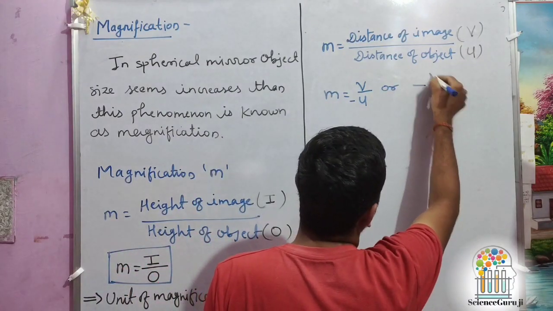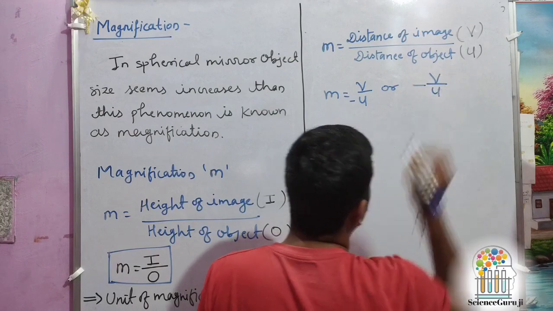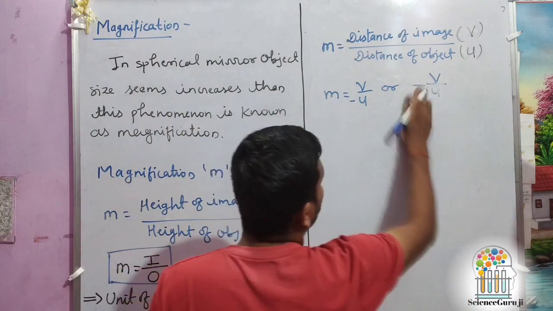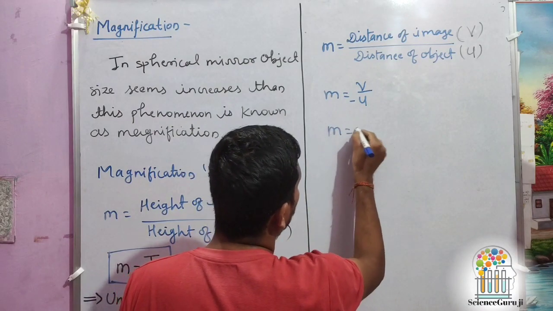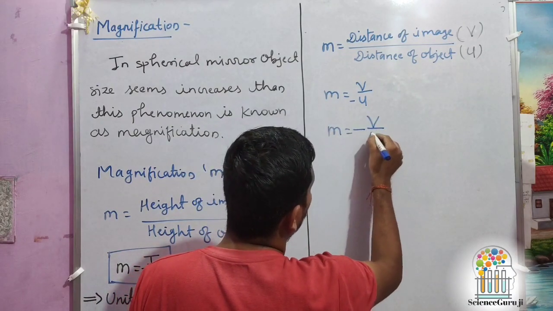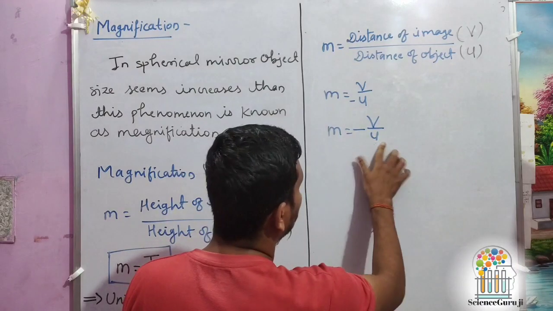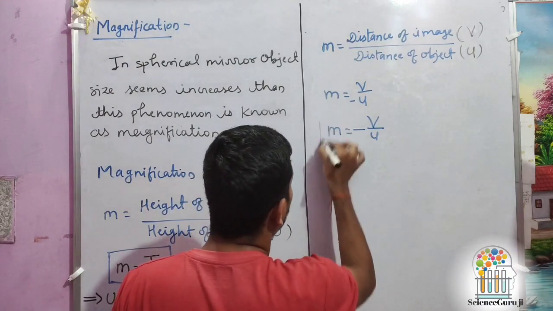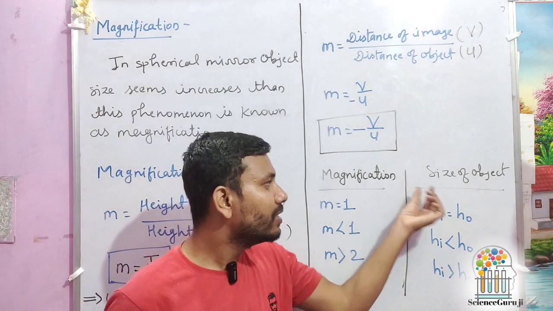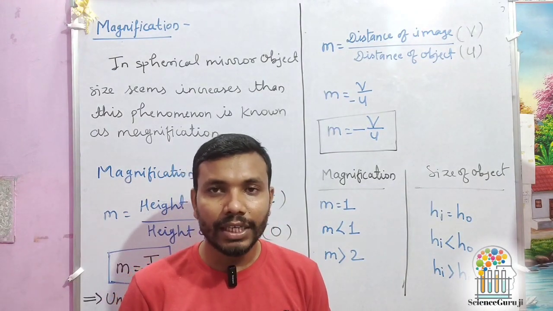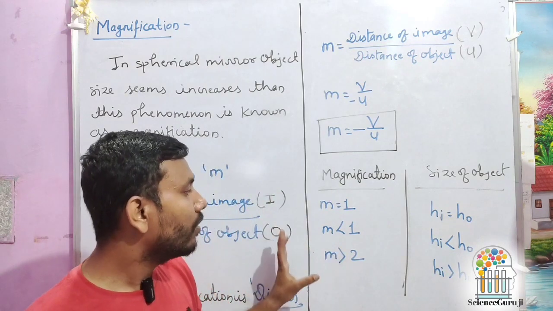Let's write this properly: m is equal to minus v upon u. This is our formula, which basically tells us about the size of the image.